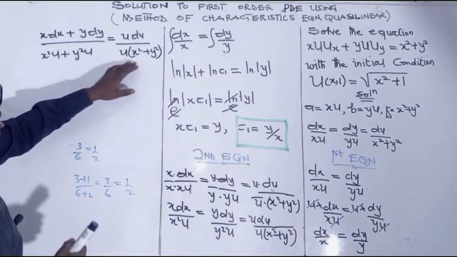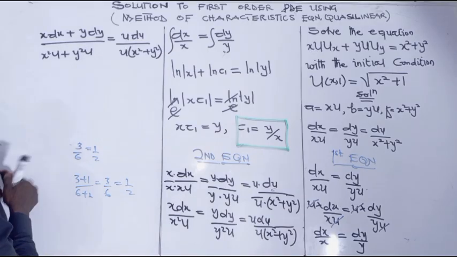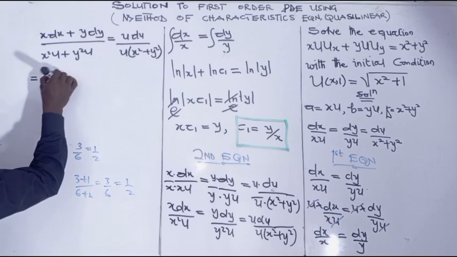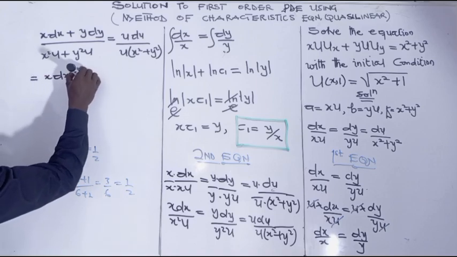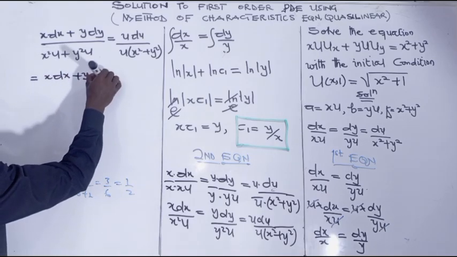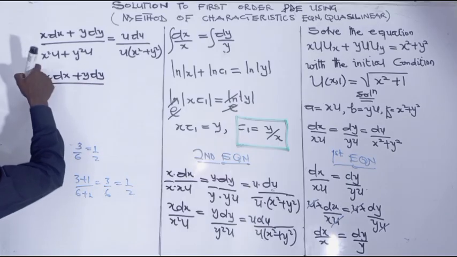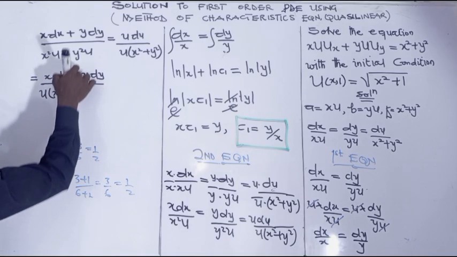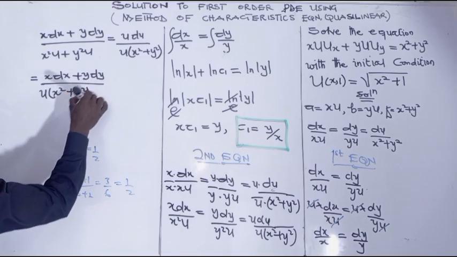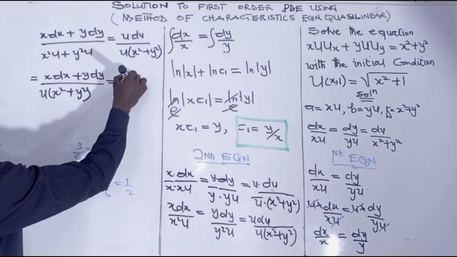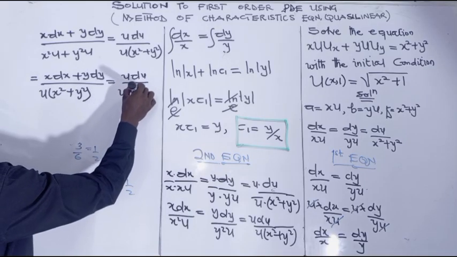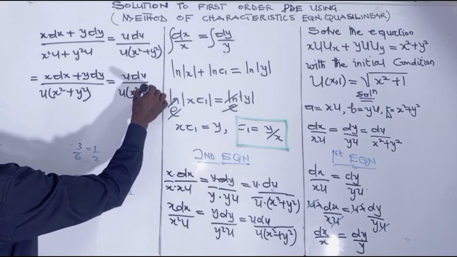So for this to be the same as that, let's factorize u out. So we have x dx plus y dy all over, when we factor u out, x squared plus y squared. And this is equal to u du all over u multiplying x squared plus y squared.